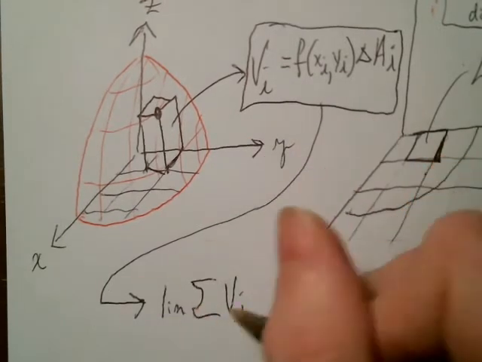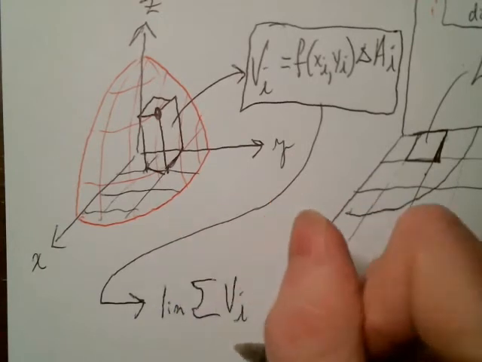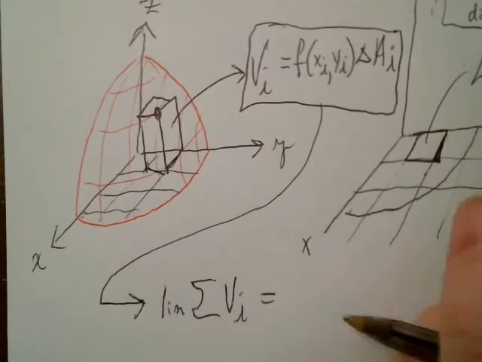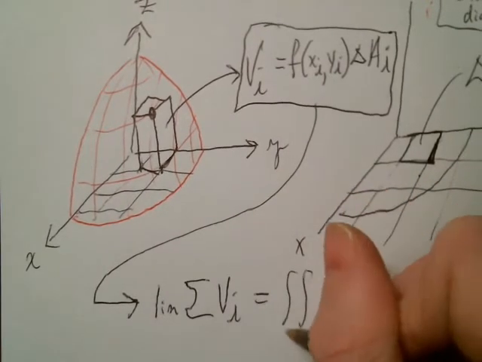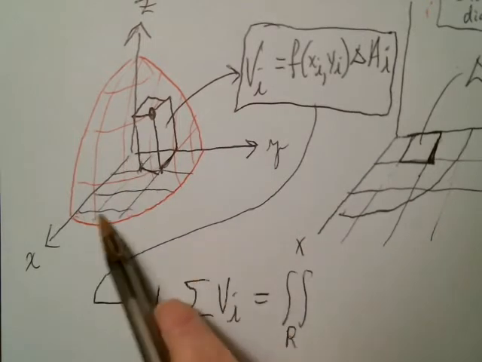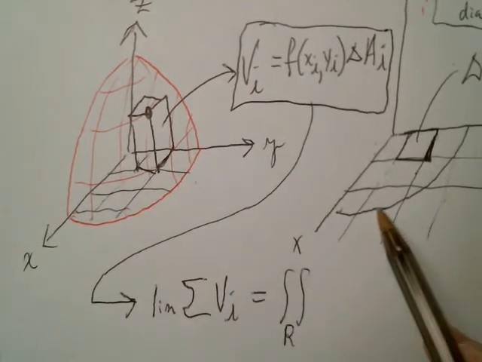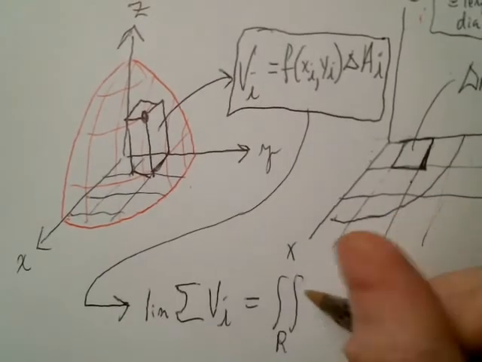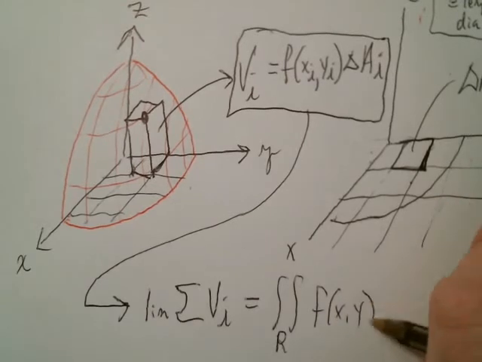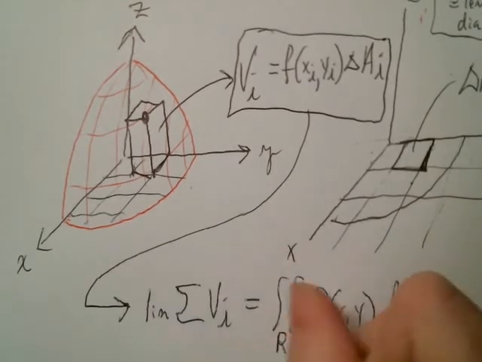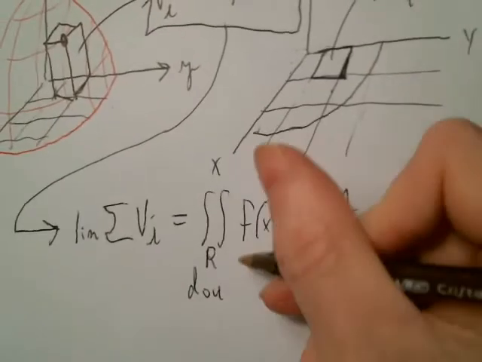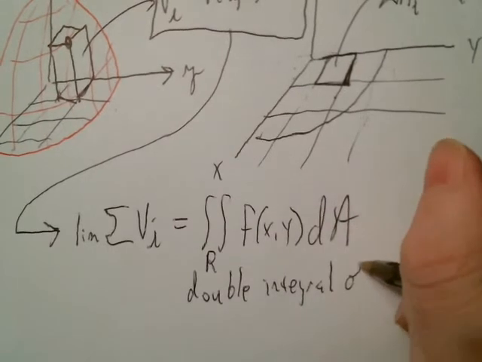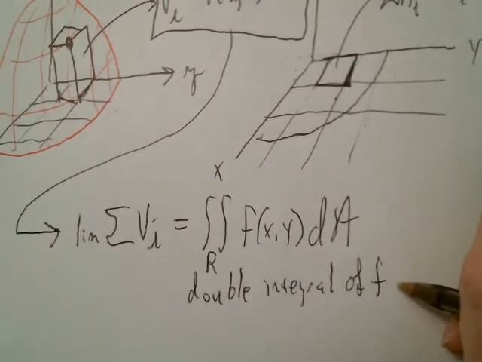So this would be the limit as the norm went to 0 of the sum of the V sub i's. At the end of the day, we'll call that the double integral over the region R, the region I drew in the xy plane, of f of x comma y dA. And they'll call that the double integral of f over R.